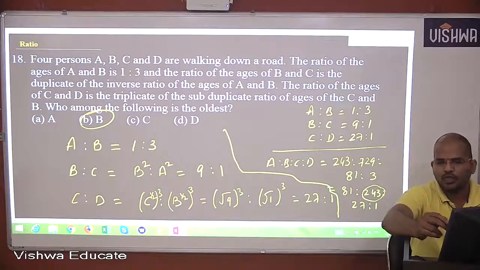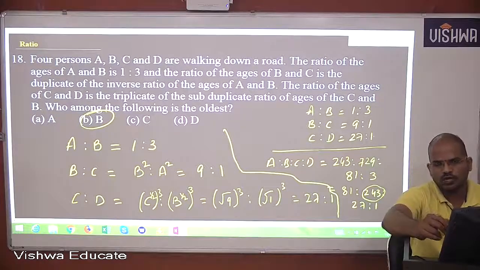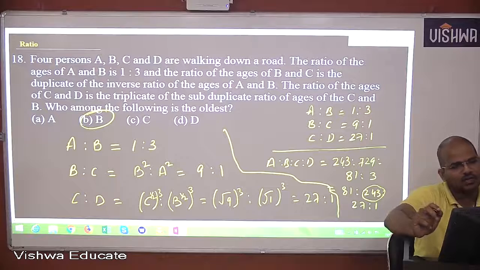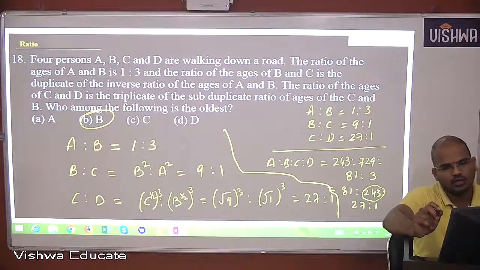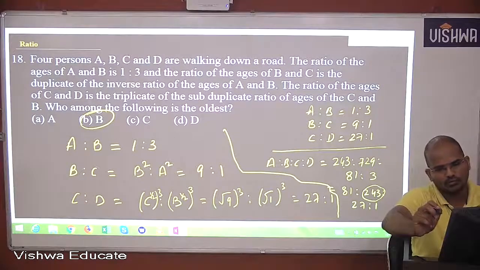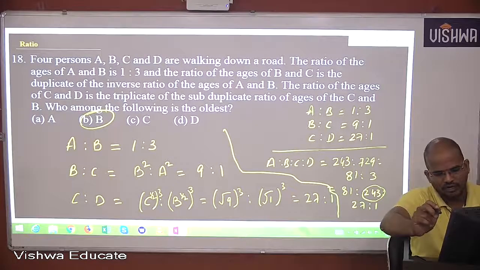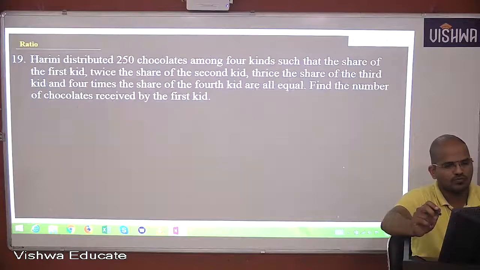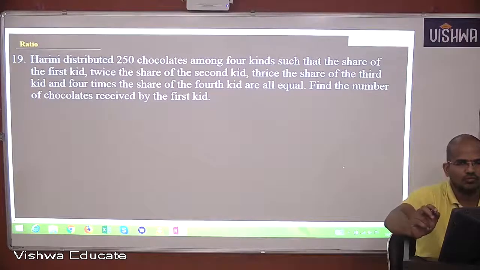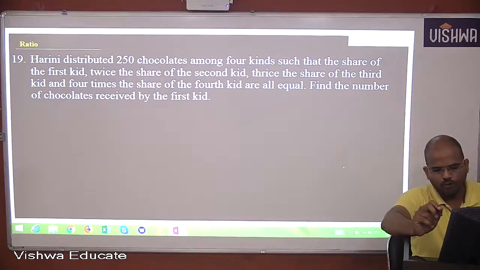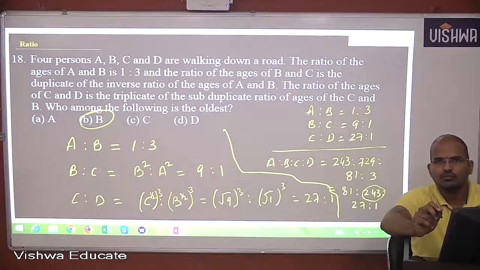P1 P2 P3, Q1 P2 P3, Q1 Q2 P3, Q1 Q2 Q3, right? We have solved that problem. The answer is B, not A, not C, or not D. Done with that? I hope you copied this problem carefully. Copied that? Yes. If it is copied, then the next question.